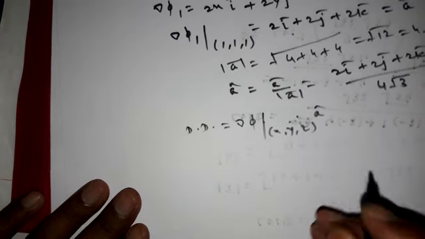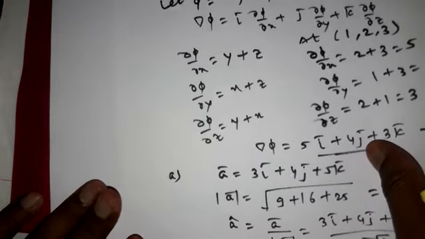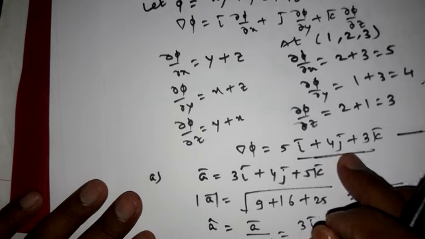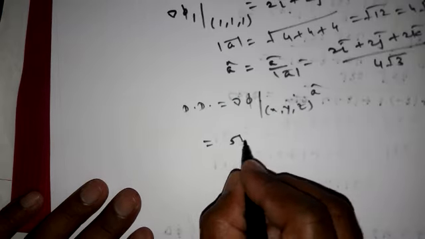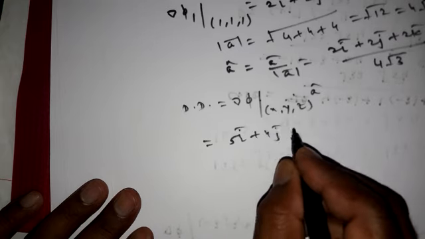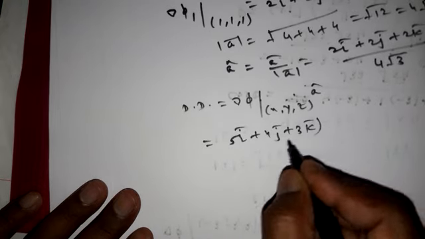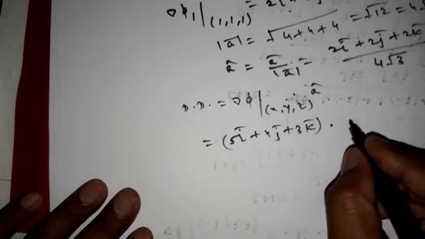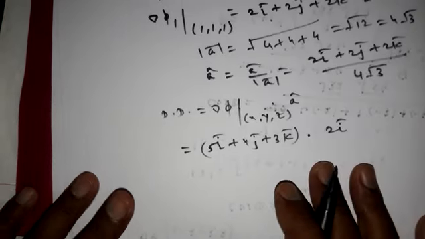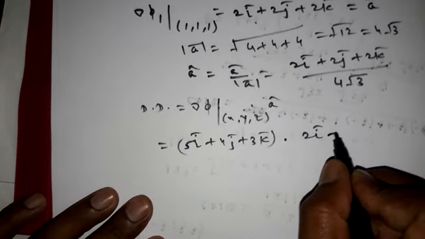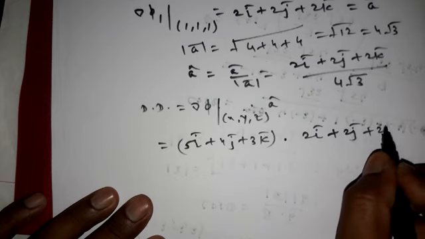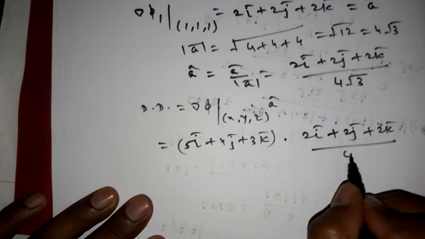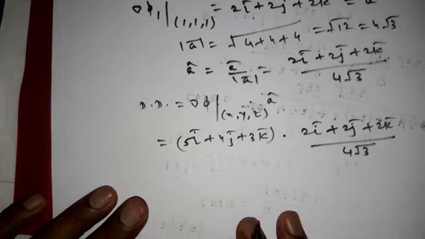dot A cap. Do you remember our first equation? Have you noted it? 5I bar plus 4J bar plus 3K bar. So I take that 5I bar plus 4J bar plus 3K bar dot with (2I bar plus 2J bar plus 2K bar) upon 4 root 3.